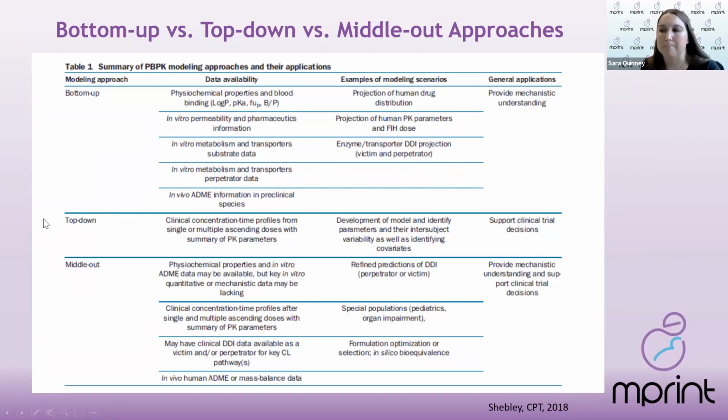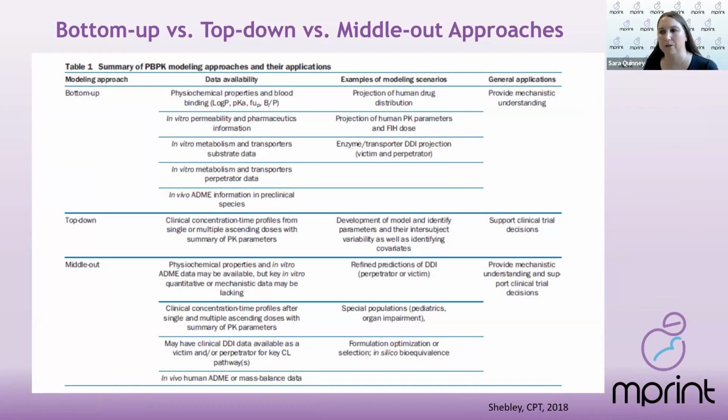This compares to the top-down approach, which utilizes the clinical concentration-time profiles to estimate the PK parameters. Here, in top-down approaches, the PopPK approaches can really be useful in helping identify inter-subject variability and covariates to support clinical decision-making. But these can also be combined in what we call a middle-out approach.